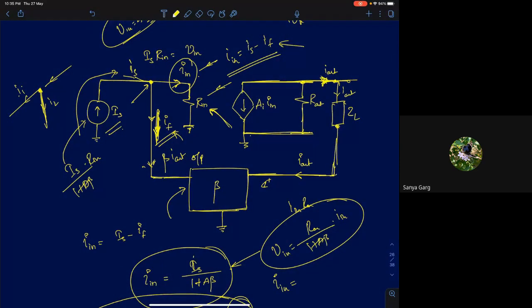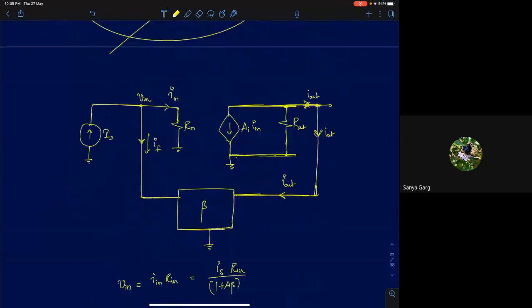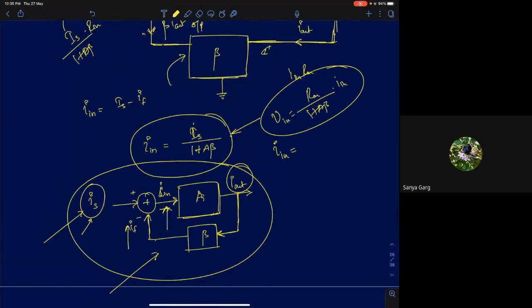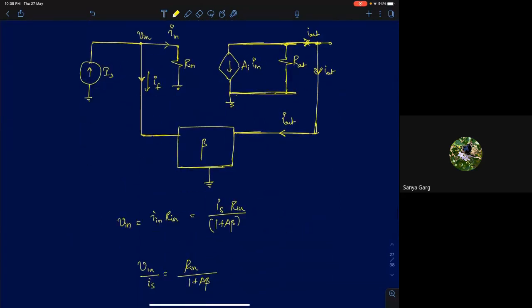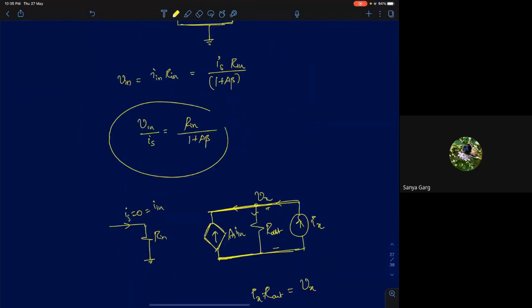Same current, much lower voltage, which means the impedance has decreased. So Rin has become Rin by (1 plus A beta). The input resistance has reduced by a factor of 1 plus A beta.